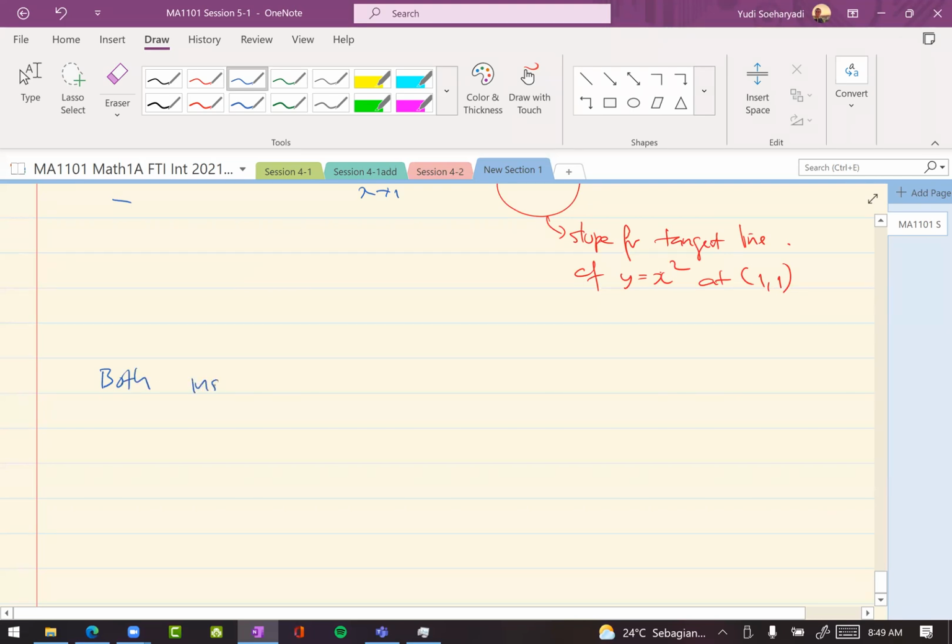Both velocity and slope of tangent line are approximations.